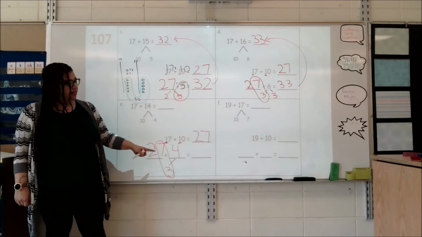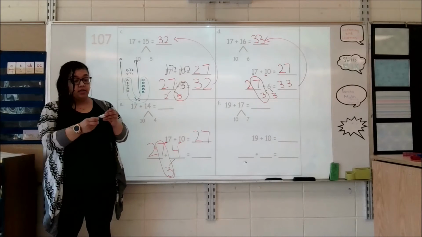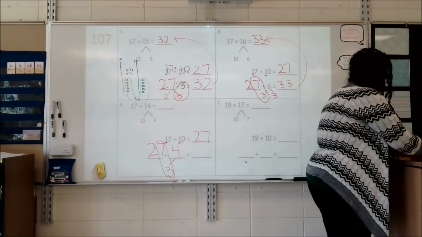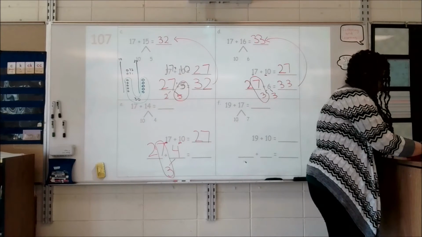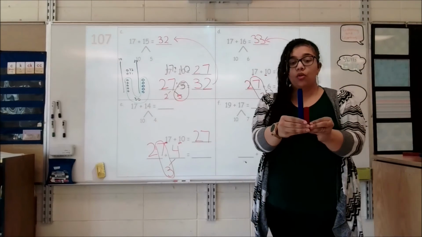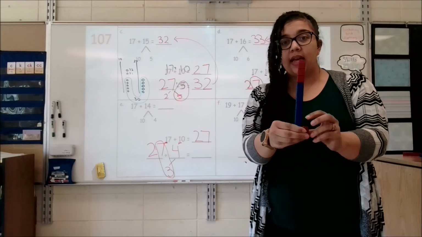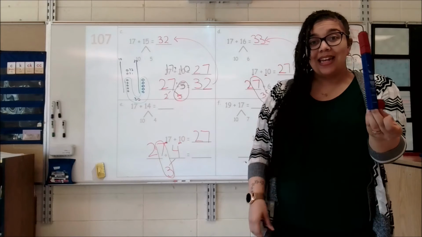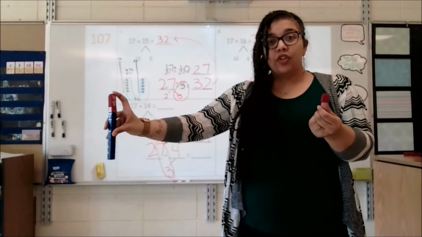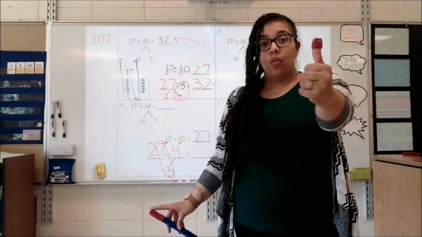Remember, we added the 10 and now we're adding the ones. In adding the ones, we ended up completing a group of 10. It can't stay here. We cannot have 11 in the ones place. This group of 10 will have to join the rest of the 10s, leaving how many? 1.